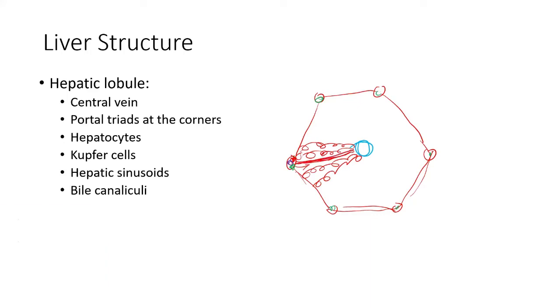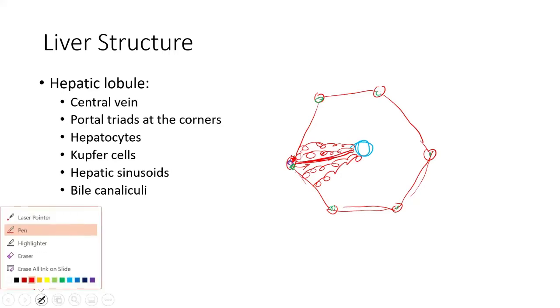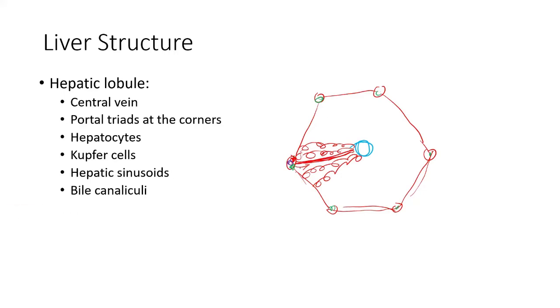Blood enters like this, and they get mixed also, and they gradually travel towards the central vein. In between hepatocytes, you have the bile canaliculi, which travel through the hepatocytes and enter the bile ductules like this. Bile canaliculi, right.